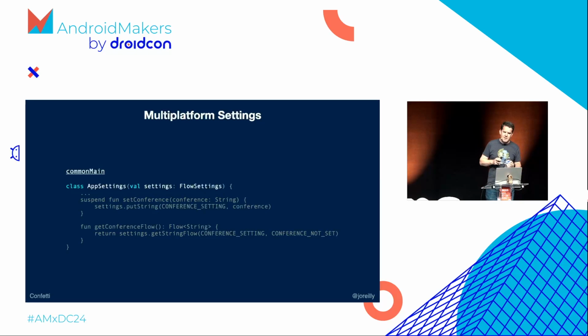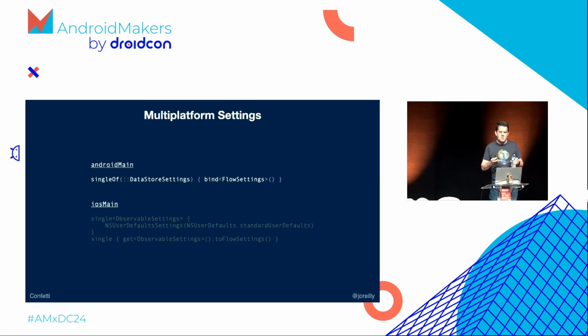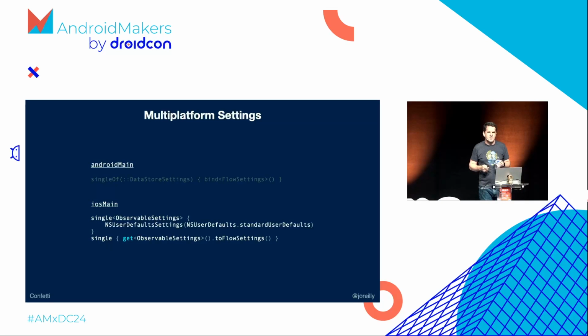By the way, that FlowSettings type of the settings parameter is an abstraction from the Multiplatform Settings library. And we use platform-specific code then again to create the appropriate implementation of that. These are parts of the Koin platform module definitions for Android and iOS, for example, using DataStore settings as an implementation on Android, and NSUserDefaults settings on iOS.